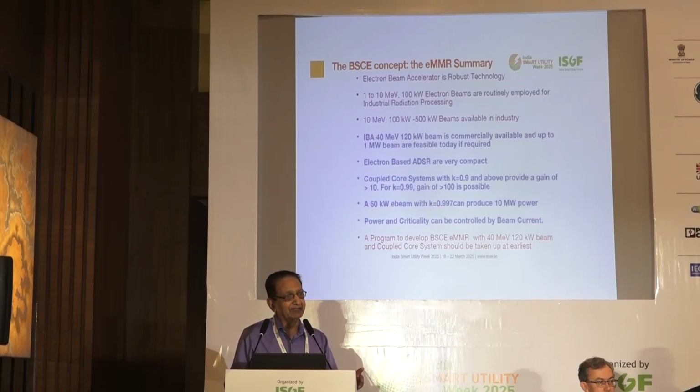Gain of 100 means you need hardly about 100 to 200 kilowatts of beam to get a power station of 10 megawatts. Criticality is not a problem. It will always be operated below criticality level, so no accidents are forecasted, because it will never go critical.